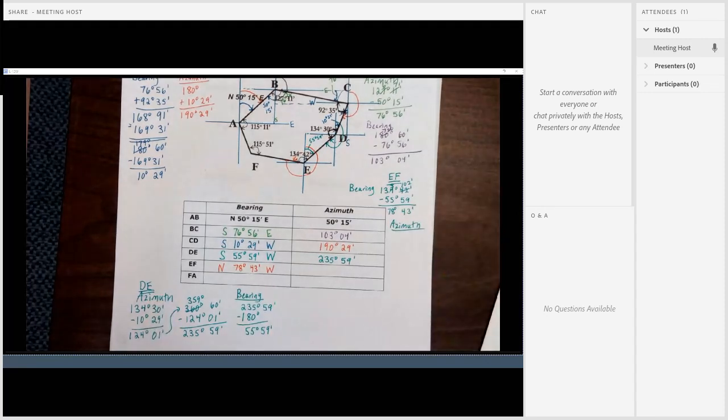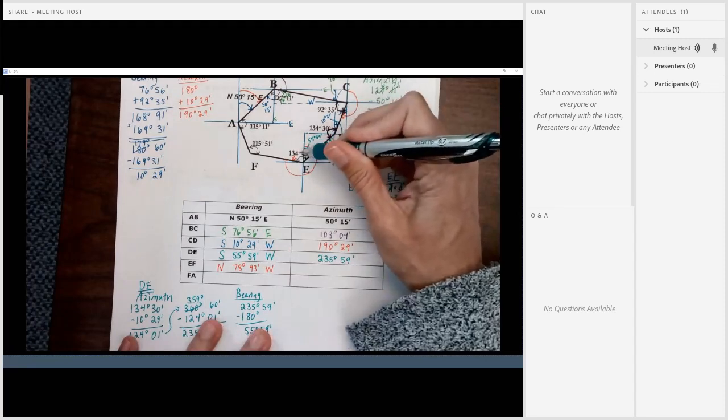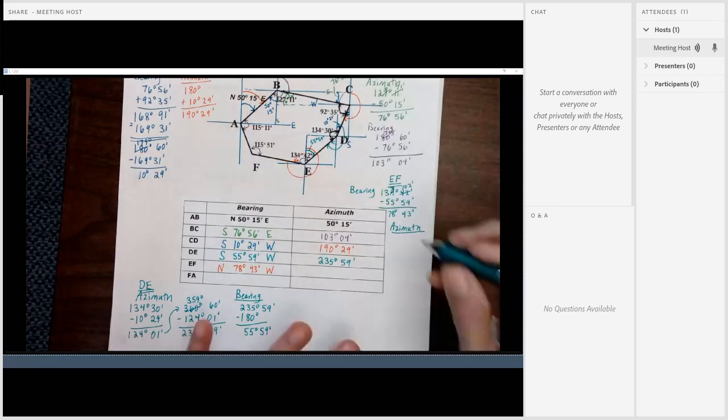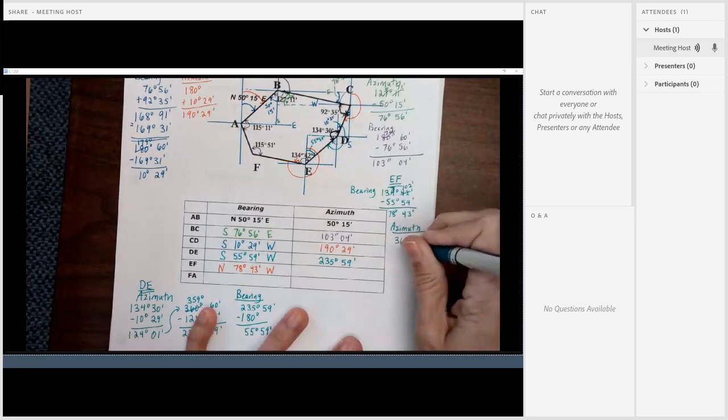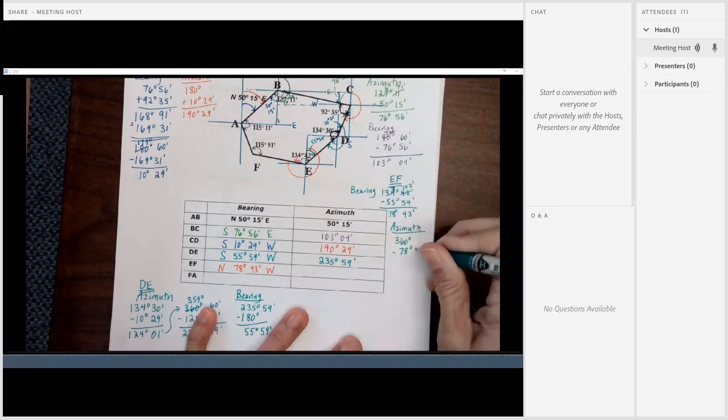So just again, I can look at this and see what's happening there. If I went all the way around that full circle, that's 360 degrees, but I'm falling short by not using that bearing. So to find the azimuth, I'm going to take my 360 degrees and subtract that 78 degrees, 43 minutes.